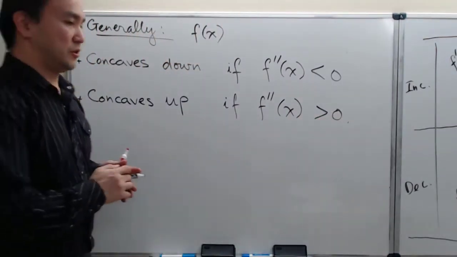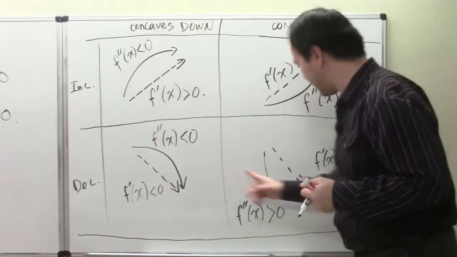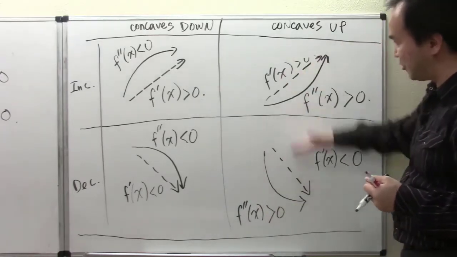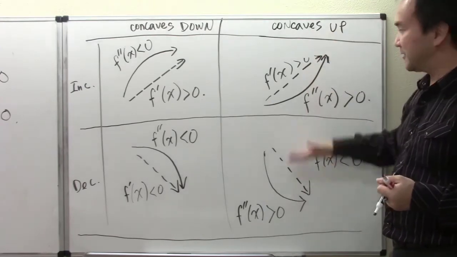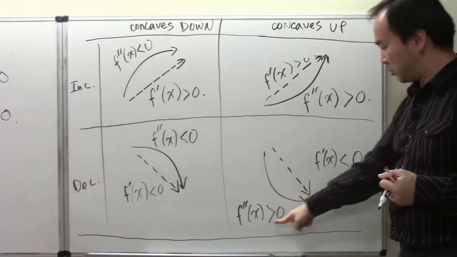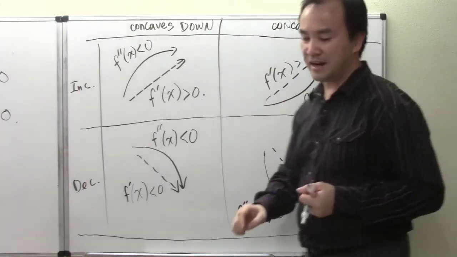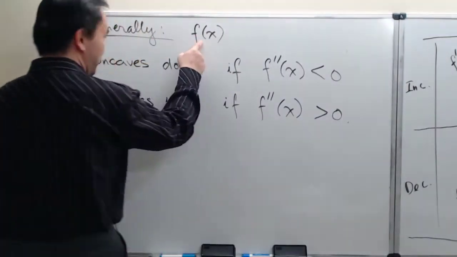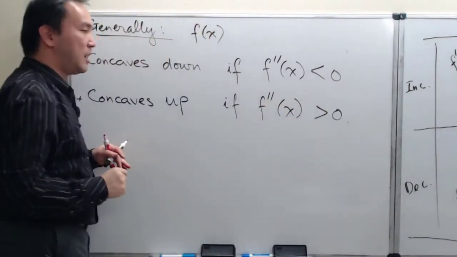Okay, so just like that, look a little more closely at the table I've had on the other board. Then these are the two cases for concave up, and as I have explained earlier, this is where f double prime is positive. So putting that in a worded description, the function will concave up if f double prime is a positive value.